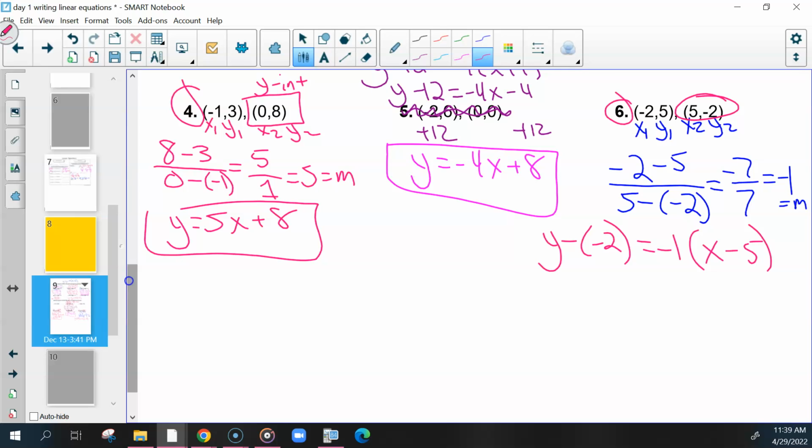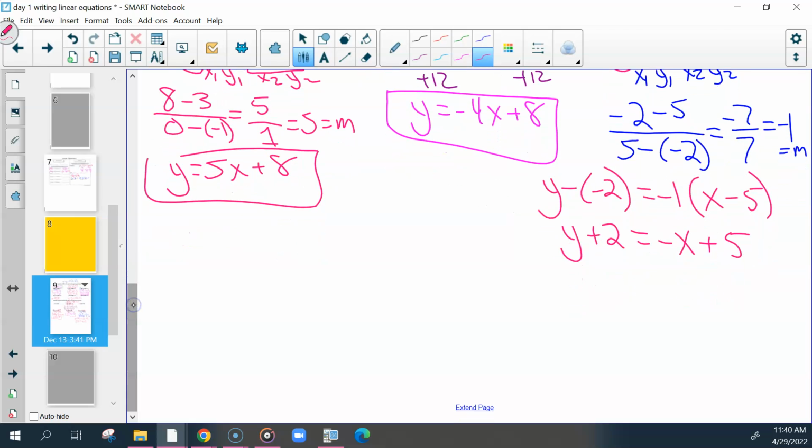Because our y has a negative negative, we can make that a plus and distribute at the same time. So this would be negative x plus y. And then subtract 2 on both sides. What would our final equation be?